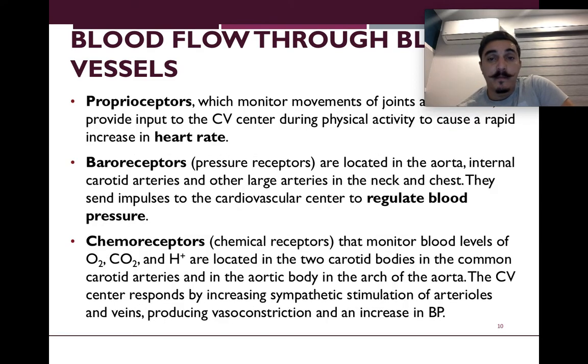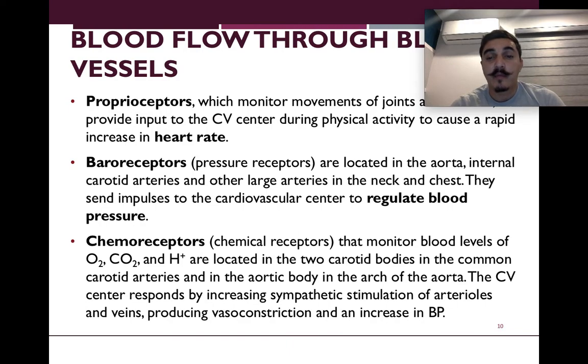The proprioceptors monitor movements, and then they increase the heart rate. The baroreceptors regulate the blood pressure itself. In the aorta and the carotid arteries, they send impulses, signals to the CV center to make a change. They're just in different parts of the body.